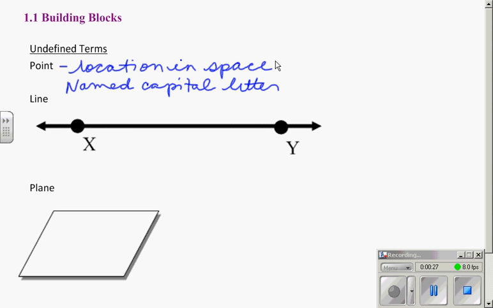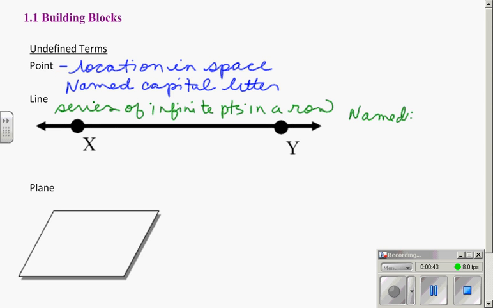A line is a series of infinite points in a row. It's named in two ways.